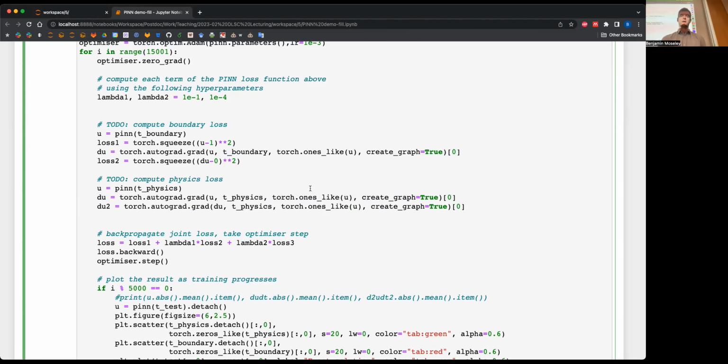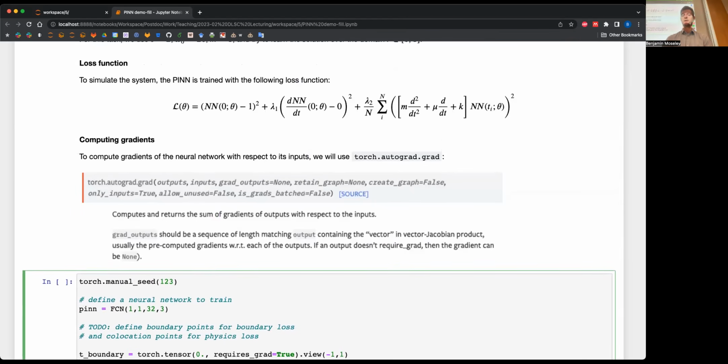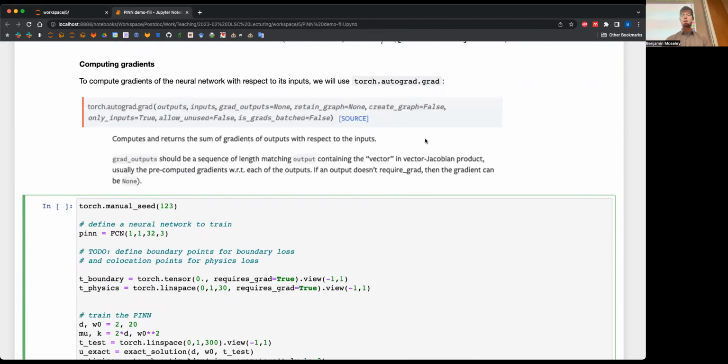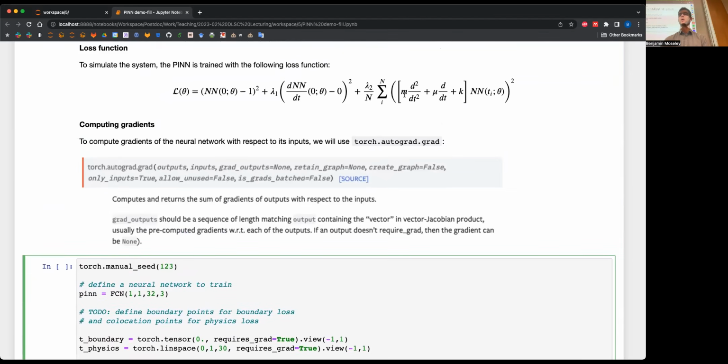Okay, and then the final thing is to get the loss, the physics loss. So loss 3 equals, and this is where we assert our differential equation. I'm just assuming that m is 1 for this problem, so we're going to get rid of m.